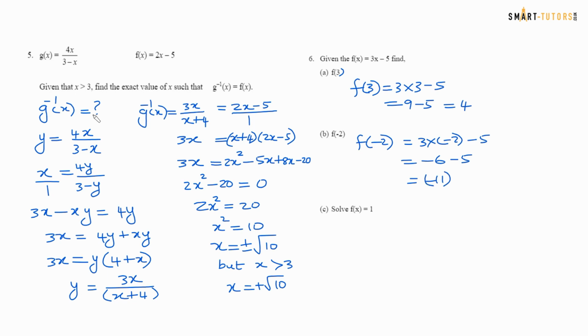Fx equals 1. So 3x minus 5 equals 1. So 3x equals 1 plus 5. So 3x equals 6, x equals 2. So that is the answer for part C.